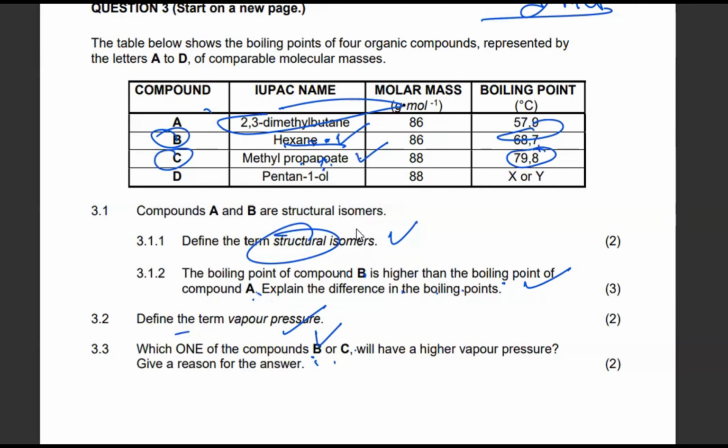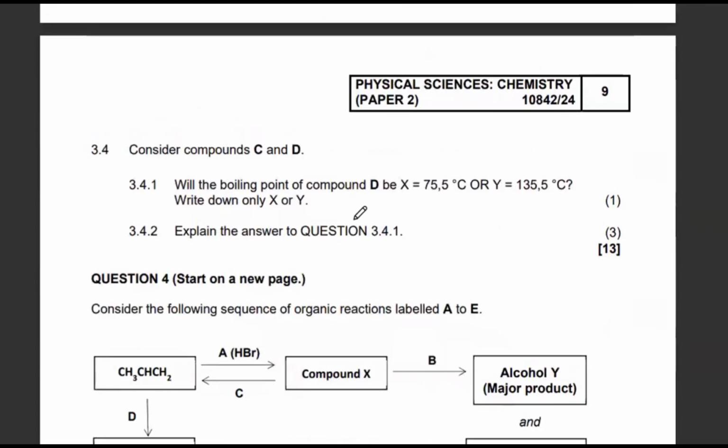So B will have a higher vapor pressure than C, because C has a higher boiling point. Then we go to the next question. Consider C and D. Will the boiling point of D be higher or lower than C?